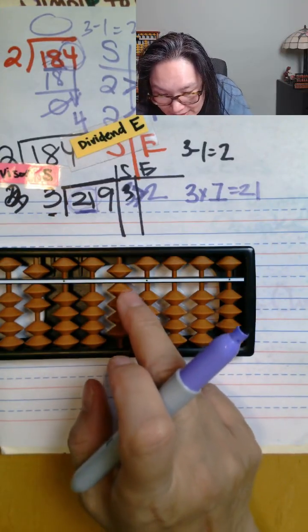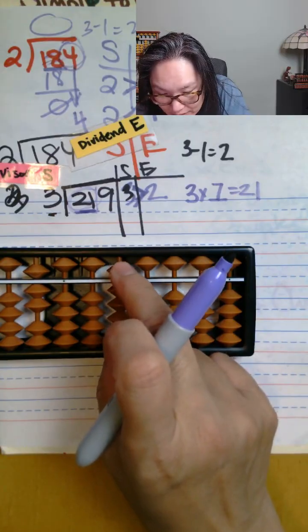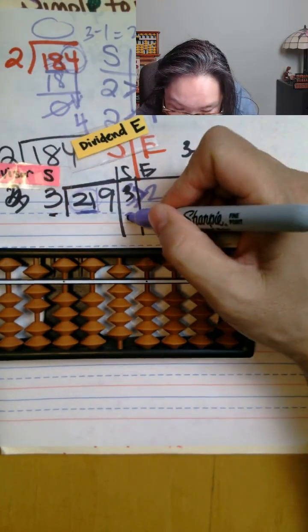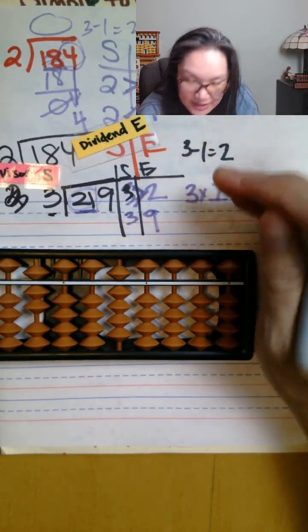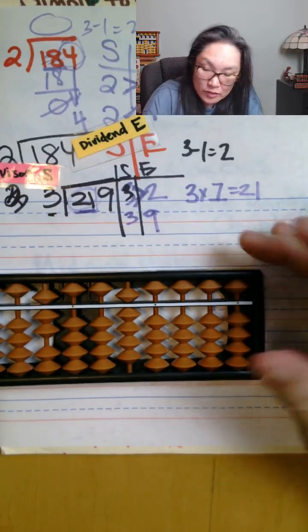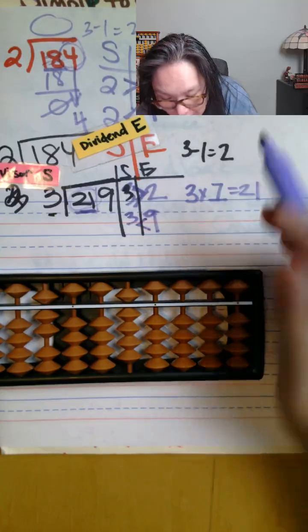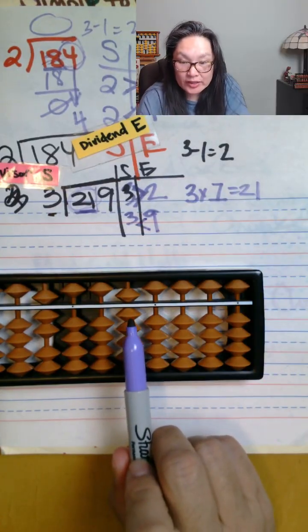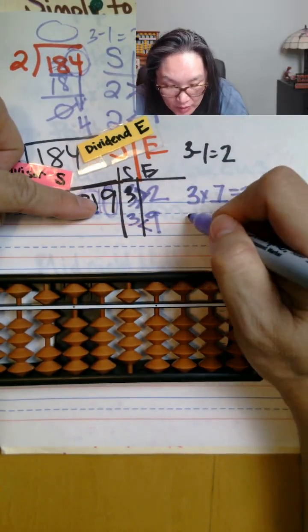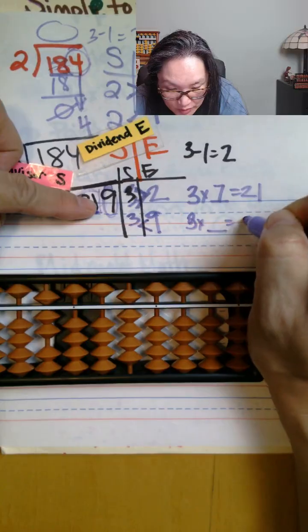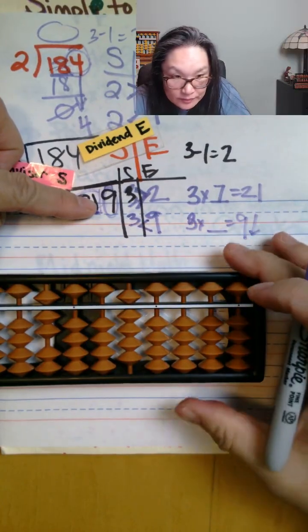I have to reassess because I still have a dividend. So 3 is my divisor, 9 is my dividend. So my dividend is bigger. I'm only going to take the one digit. I only need to take this one digit. So the question is, 3 times what is equal to 9 or less?